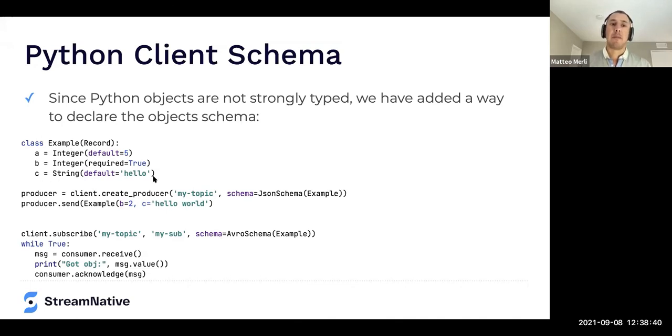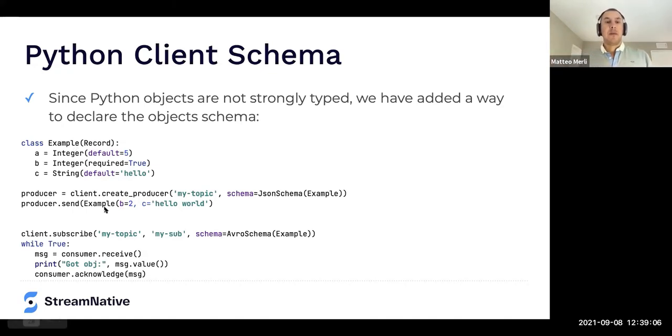You can have maps, arrays, and sub-records that are nested and so on. With this, we can have a precise schema extraction based on this definition, and you can use that as your class object here.